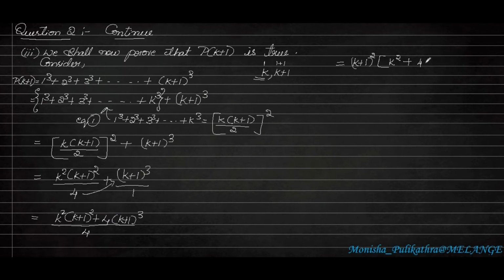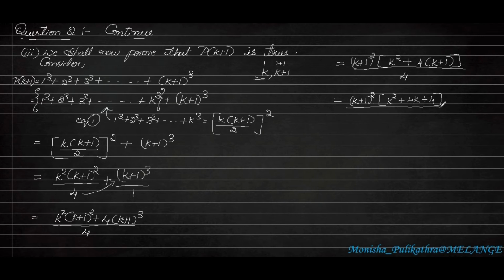So the whole divided by 4. Next we have to multiply it: k plus 1 whole square into k square plus 4k plus 4, so 4 into k is 4k and 4 into 1 is 4.